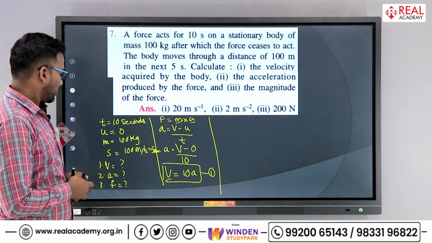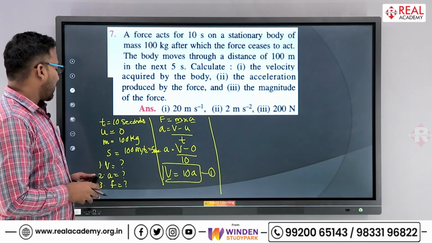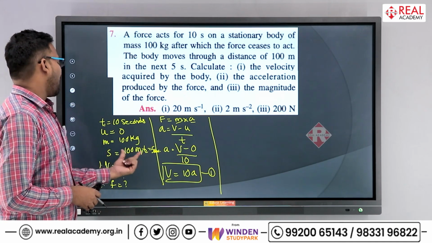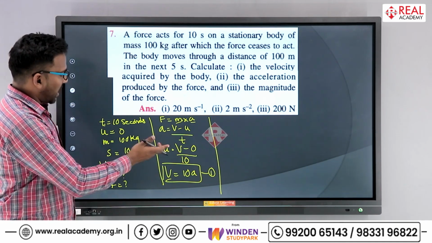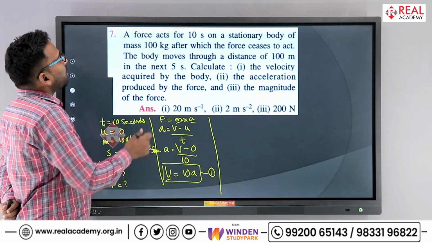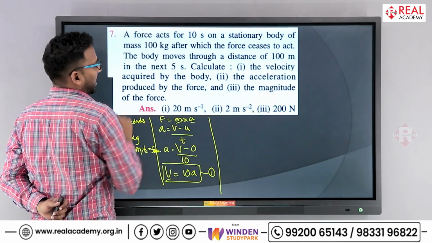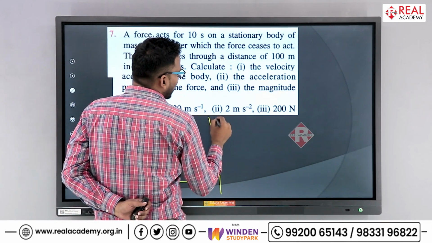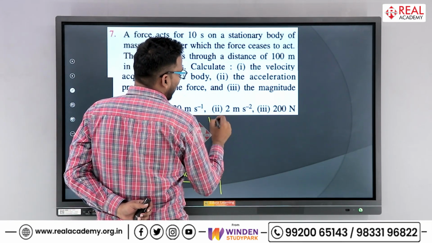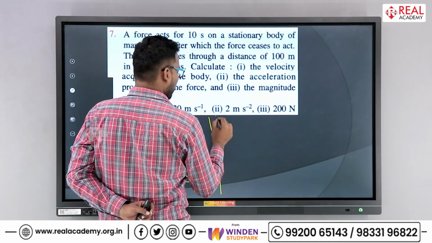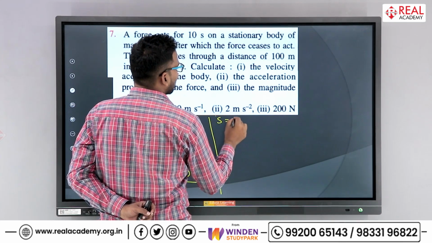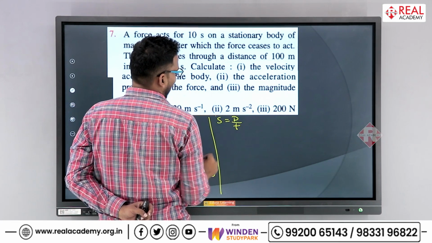Now, one more data is given here, that the distance traveled is 100 meter in time 5 seconds. Body moves through a distance of 100 meter in the next 5 seconds. So from this we can calculate speed, right? Speed means velocity only. Speed is distance upon time.